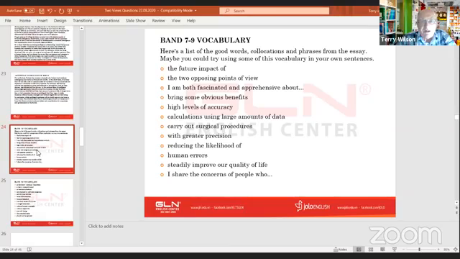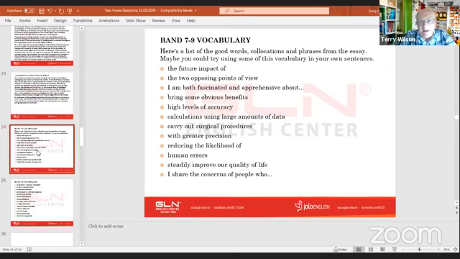And what I've done here is I've listed some of the vocabulary I used. I think most students would understand nearly all of this vocabulary.